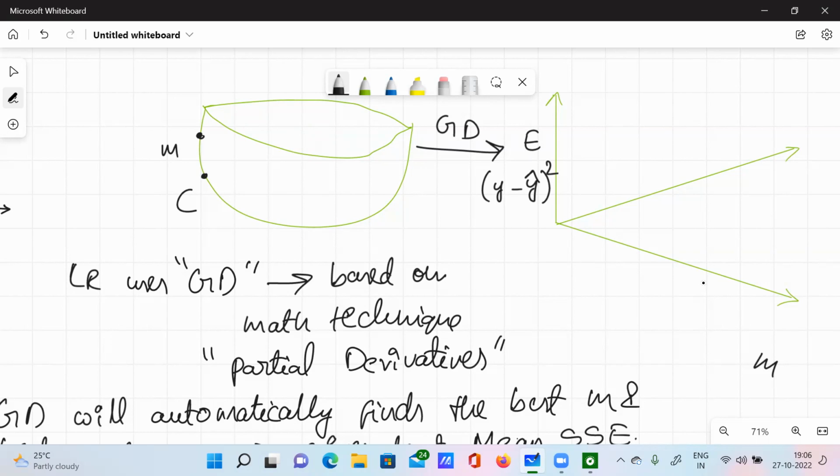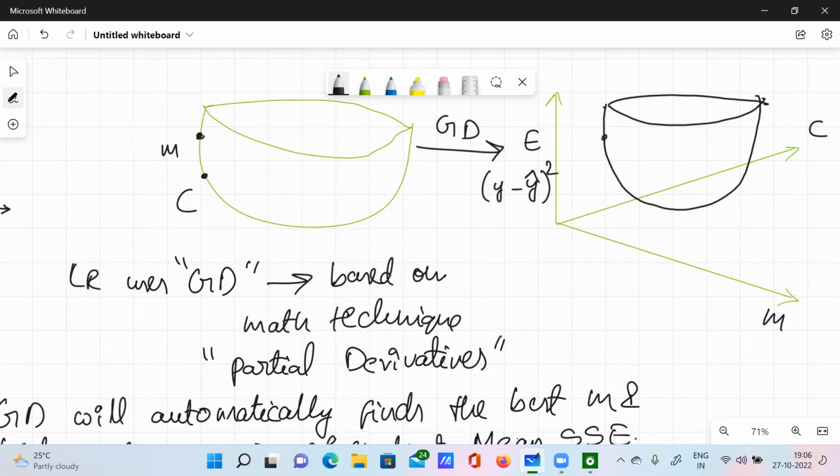This would be our intercept, that is the C, and this would be our axis, that is the M here, right? Now, if the linear regression uses this gradient descent, we will get some kind of parabolic form like this. Now we have the point of M here.